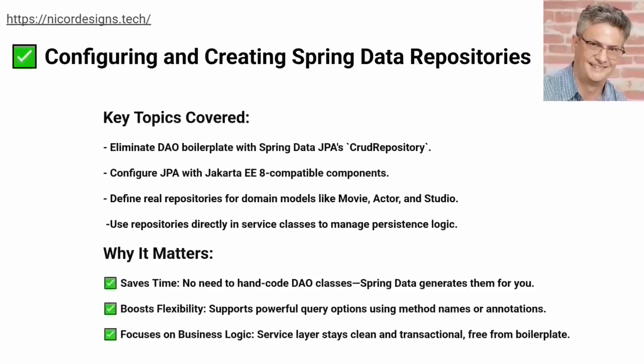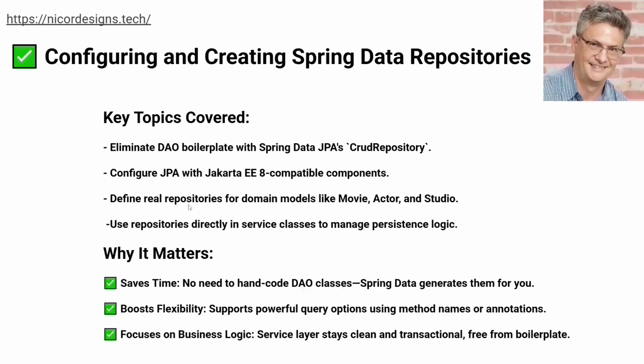Then we'll look at configuring and creating Spring Data repositories. We will look at how we eliminate boilerplate code with the Spring Data JPA CRUD repository. We will configure JPA with Jakarta Enterprise Edition compatible components.